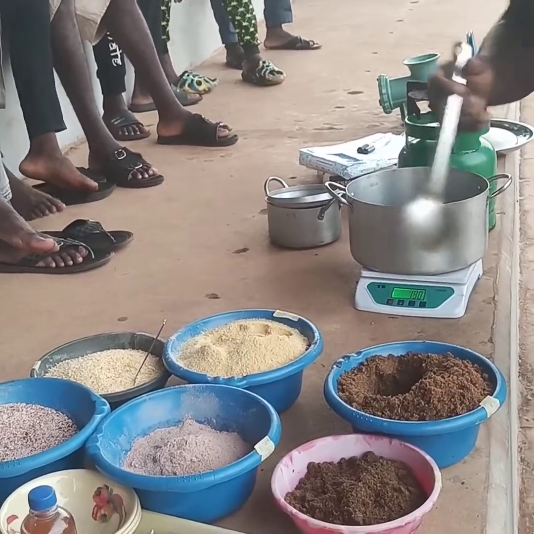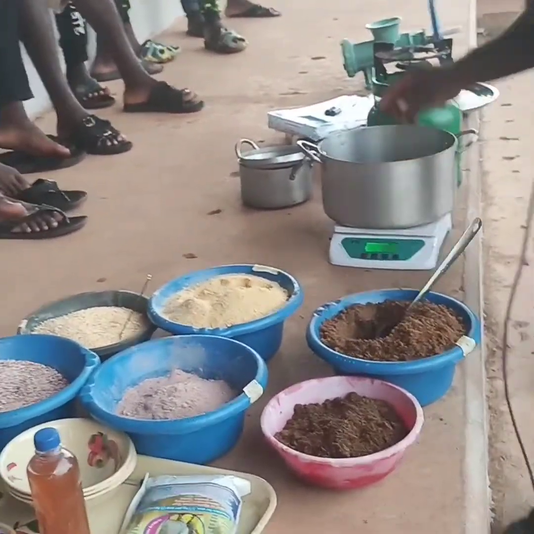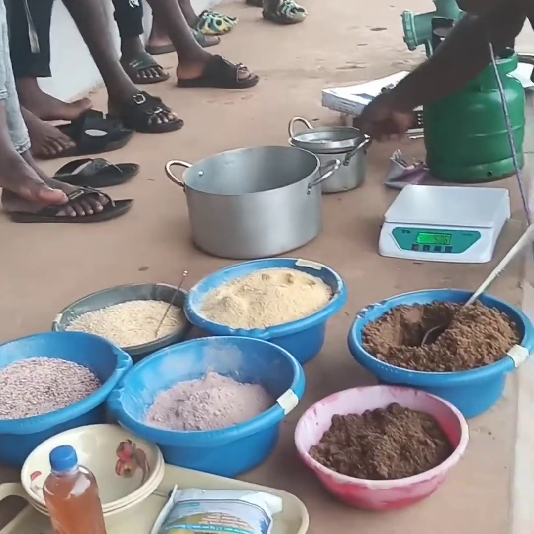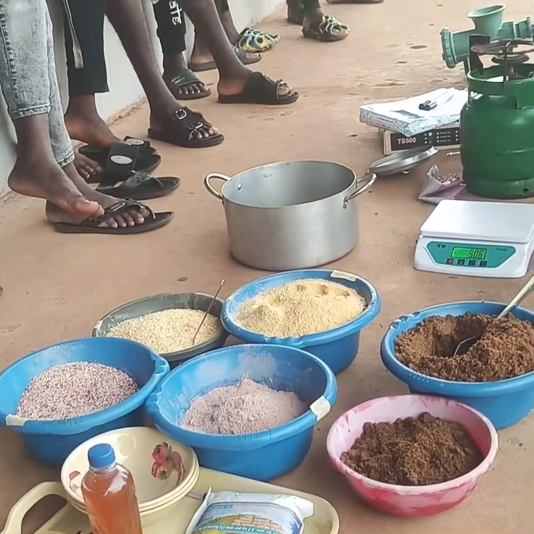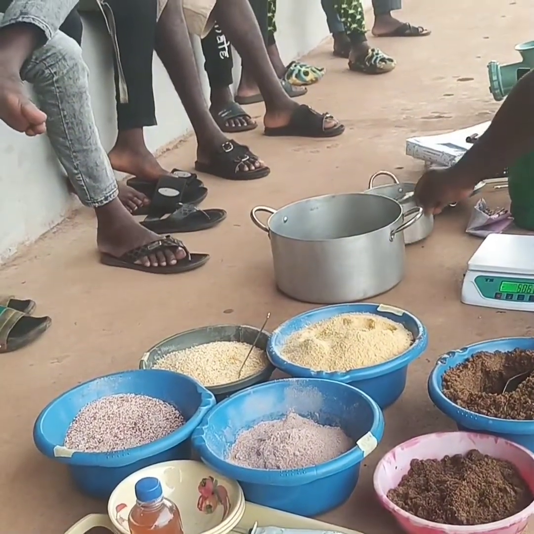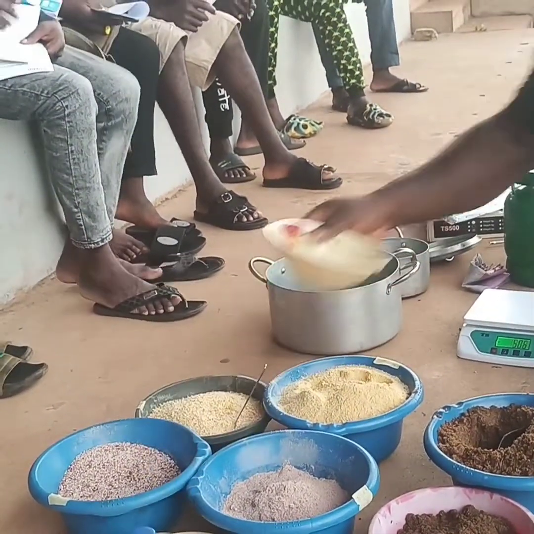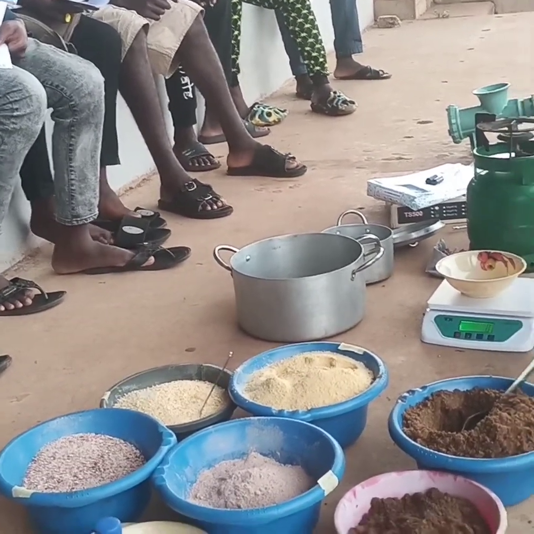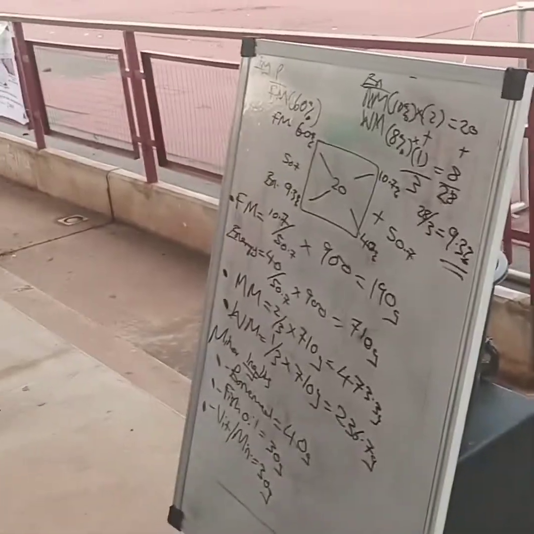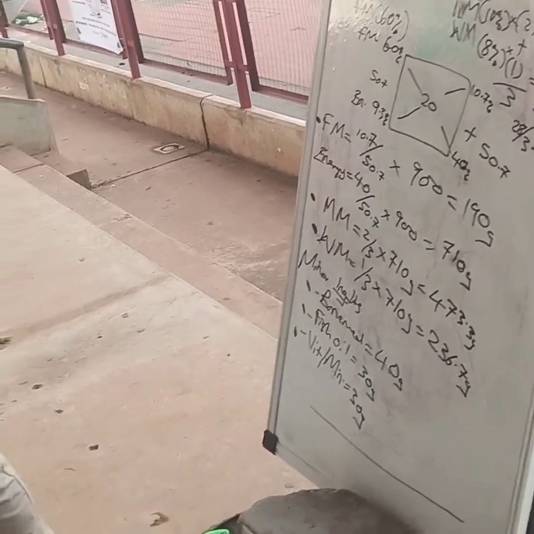So now 190 gram. Remove the weight. Let's go for maize meal, 473 gram.